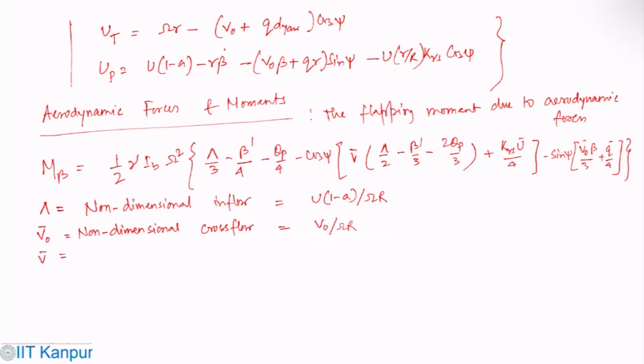V bar is the non-dimensional total cross flow, with V naught and Q d divided by omega r.